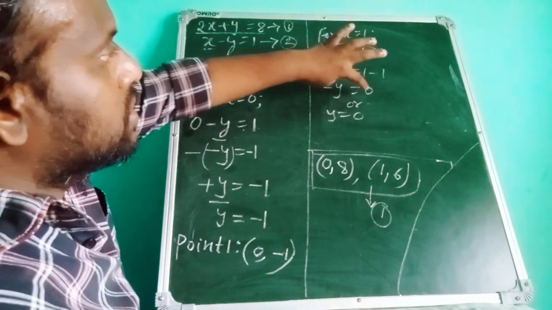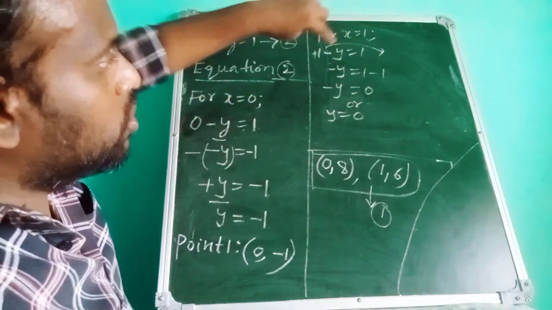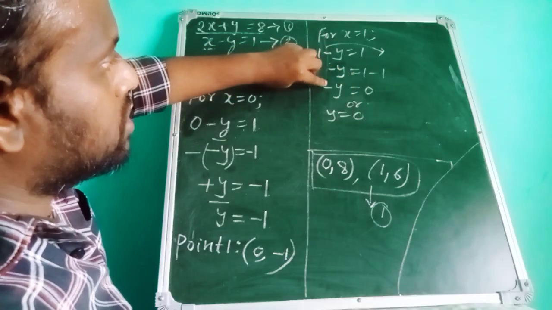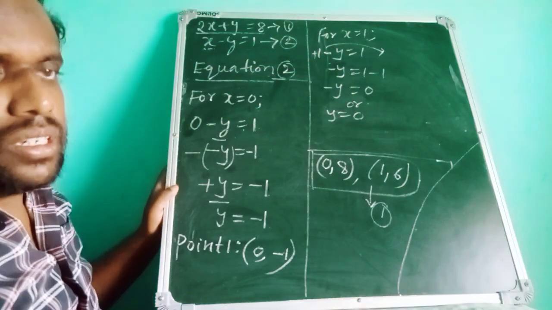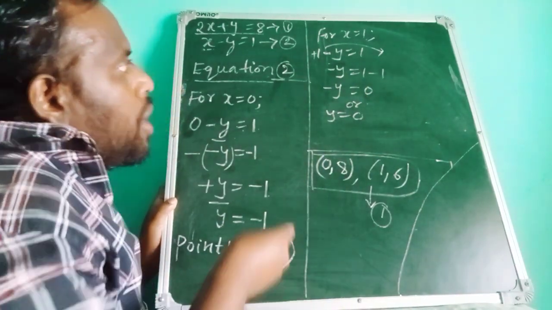Why? Because if the right side is 0, minus y is equal to 0, you can remove the minus and just take y is equal to 0. You can write like that because this side is 0. Now write the point 2.